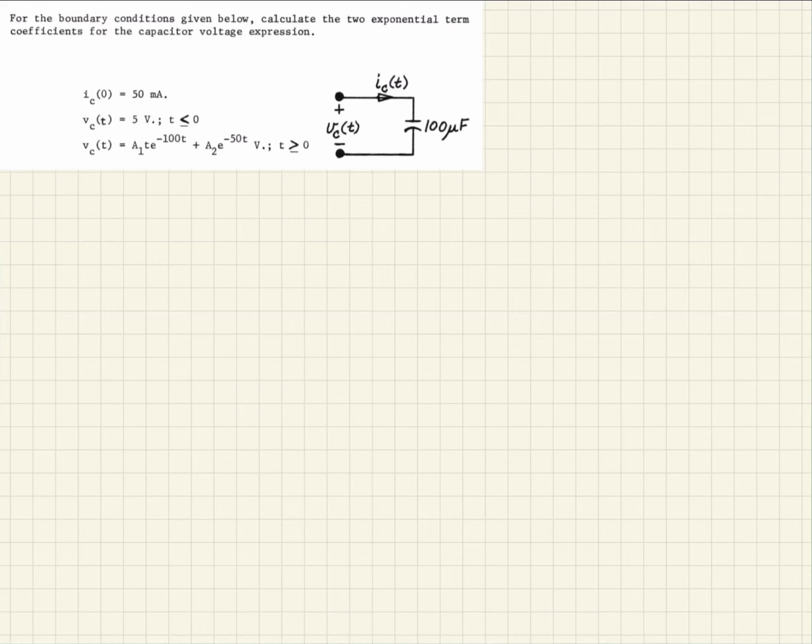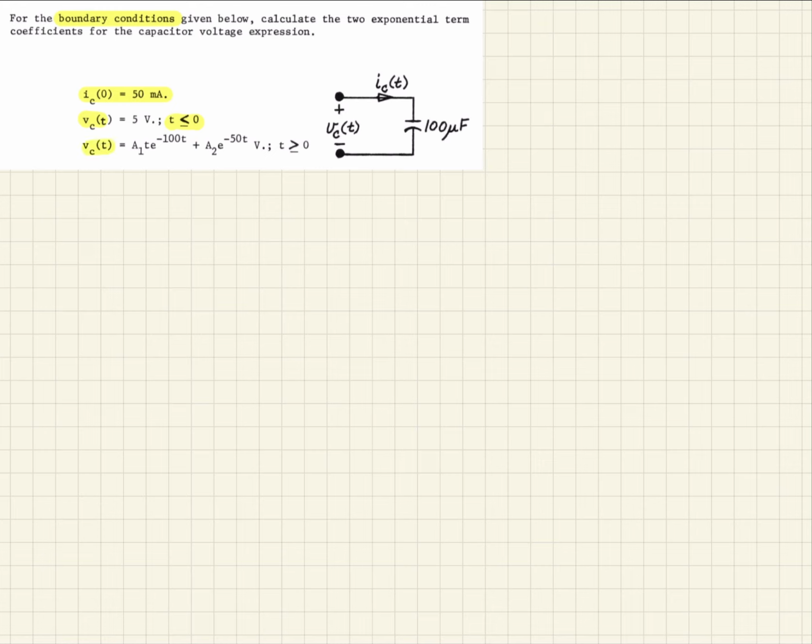So here we're just given a simple capacitor, and we're given some boundary conditions for this capacitor. We have the current at time equals 0. Then we have an expression for the voltage here, and this is up to and at time 0.